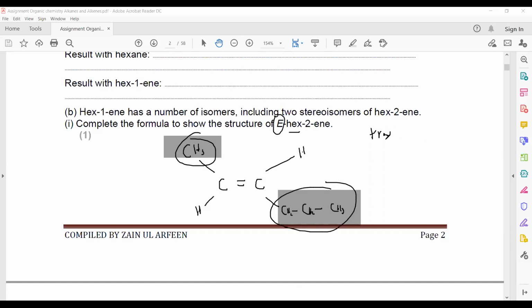When heavy groups are of the same type, on opposite sides, I can say E or trans. But if different types of heavy groups are on opposite sides, then we cannot use the term trans. It should always be E. Is it clear, this part?